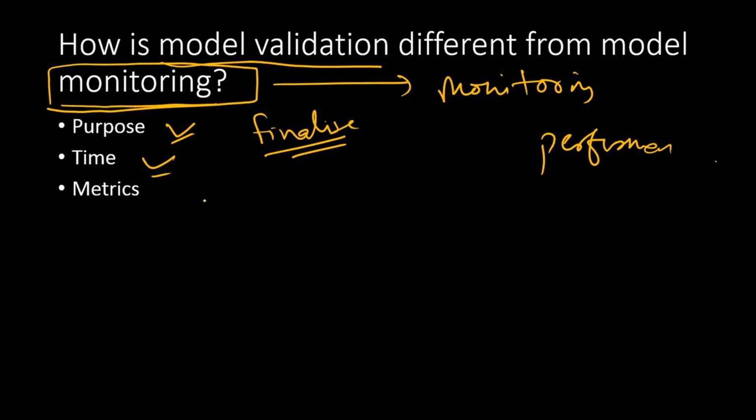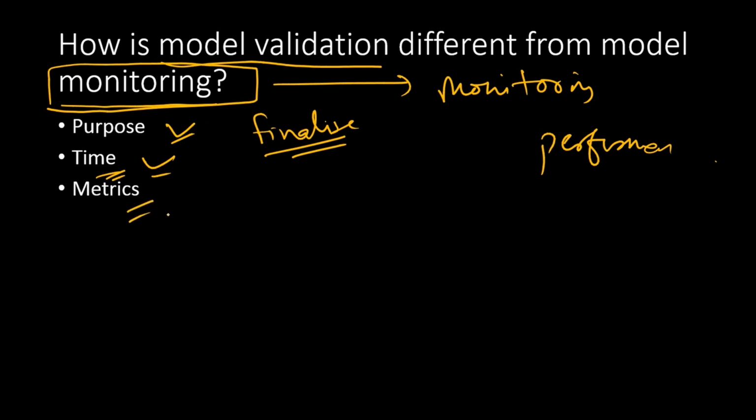And then time. The time for model validation is mostly before the model is implemented in production, whereas model monitoring is only after the model has been implemented in production, and the business is already using the model. So the time of doing this is also different.